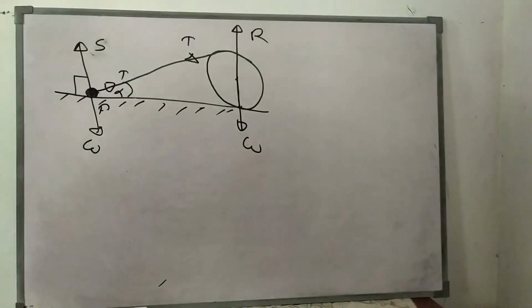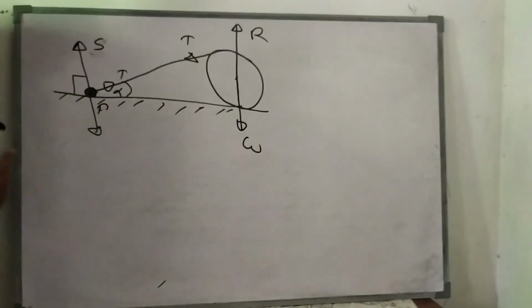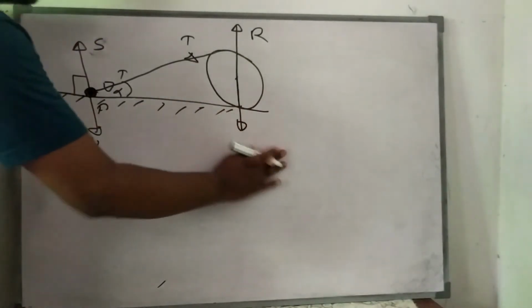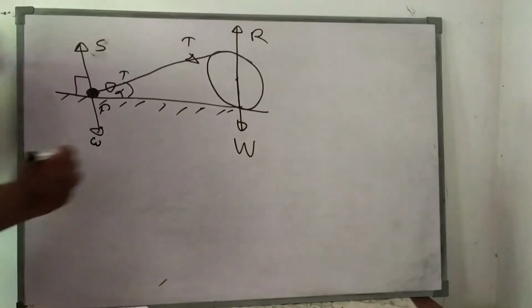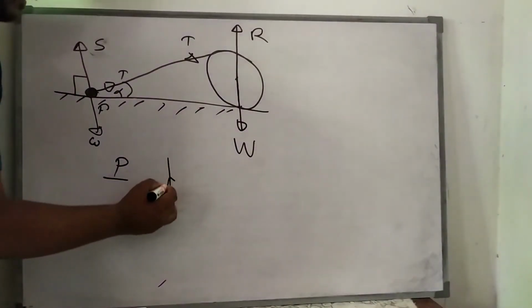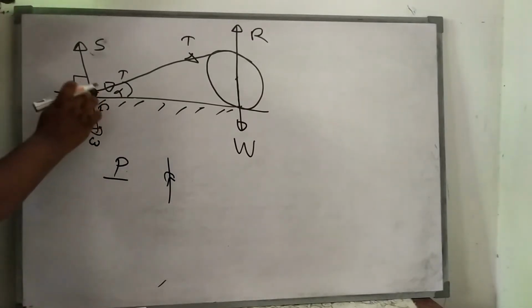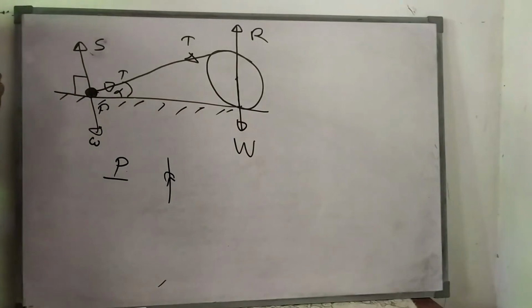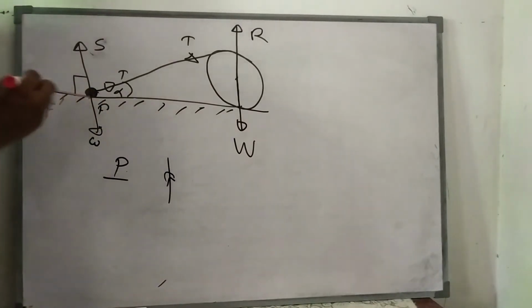This is capital W, the cylinder weight. The particle's weight is simple W. So considering the equilibrium of particle P, the horizontal forces: this is friction of the particle.